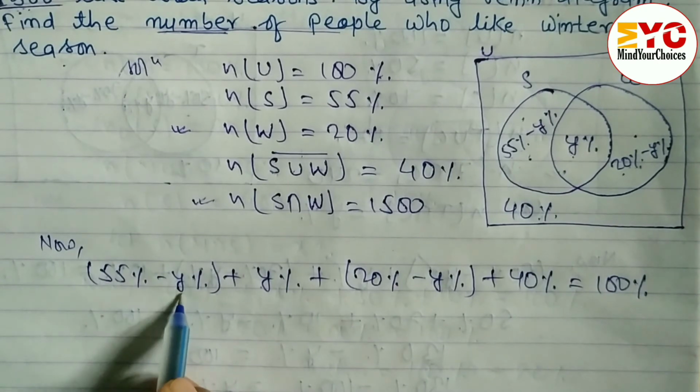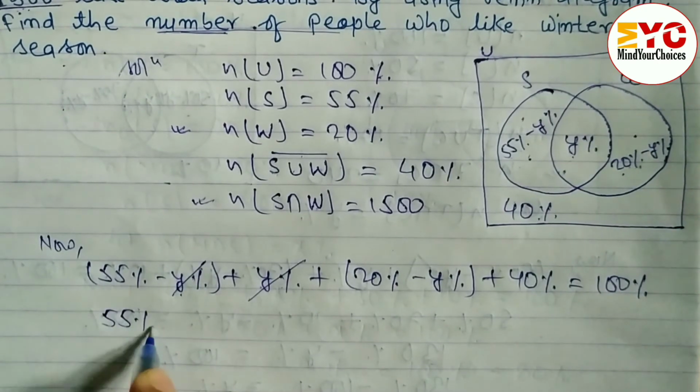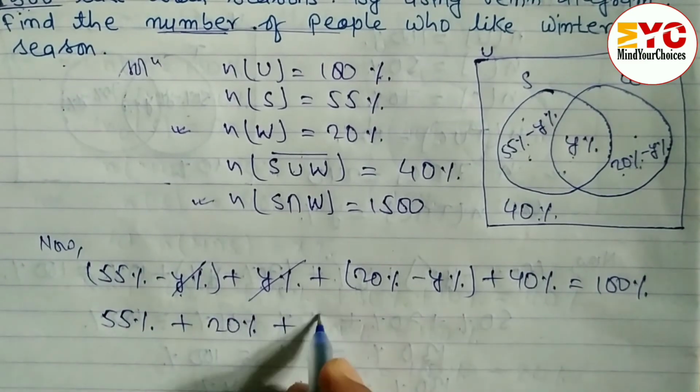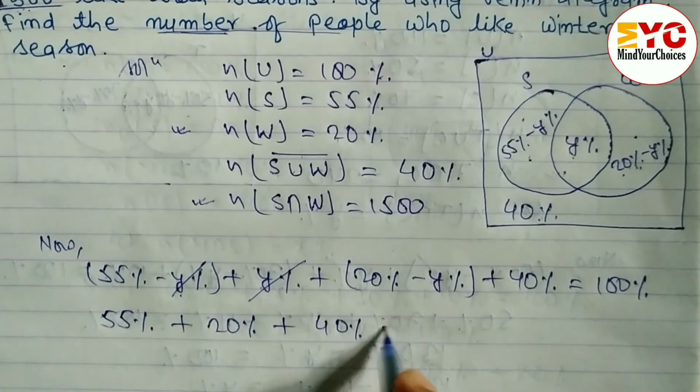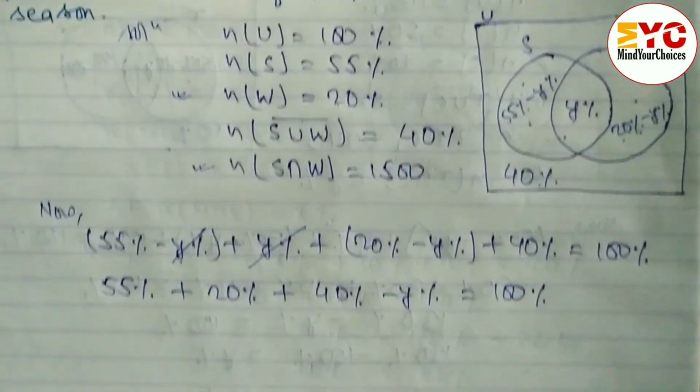Now you can see one positive, another negative, so we can cancel here. 55% plus 20% plus this 40% minus y percent is equal to 100%. Hope you understand up to here.